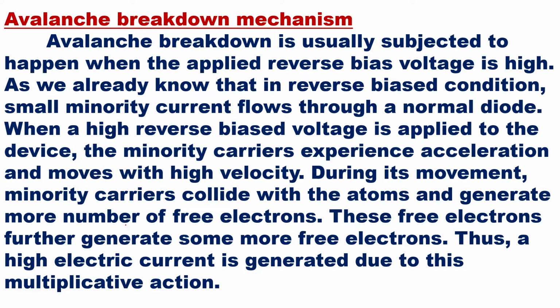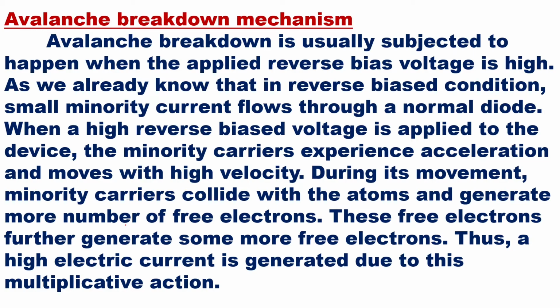Avalanche breakdown usually happens when the applied reverse bias voltage is high. As we already know, in reverse bias conditions, a small minority current flows through a normal diode. When a high reverse bias voltage is applied to this device, the minority carriers experience an accelerating force and move with high velocity.